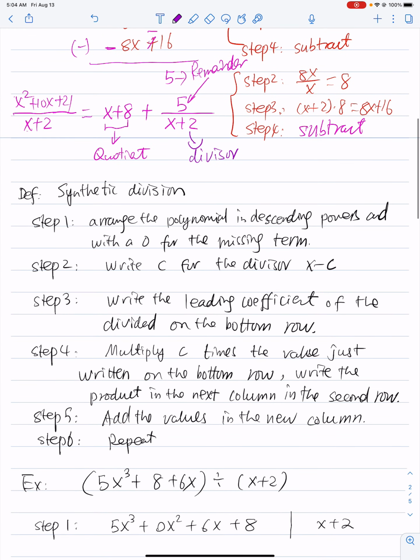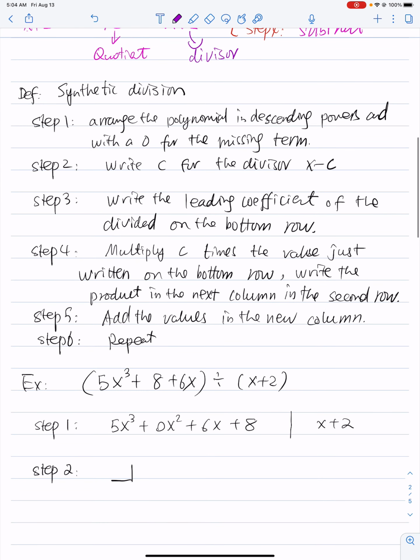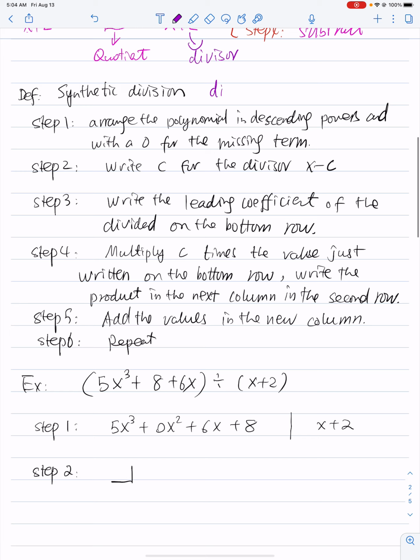Okay, so the next thing is synthetic division. For synthetic division, your divisor has to be in the form of what? x minus c. Otherwise you cannot use synthetic division.